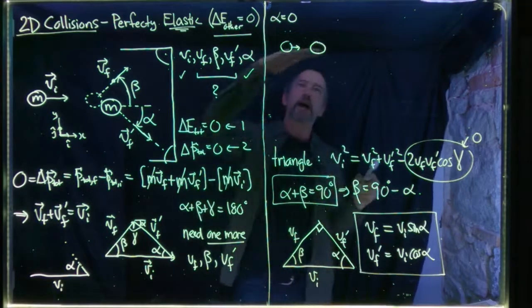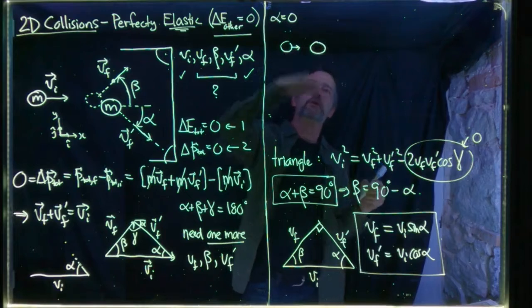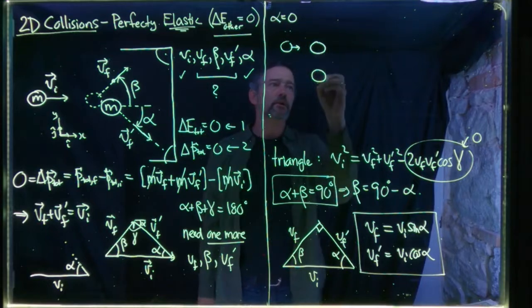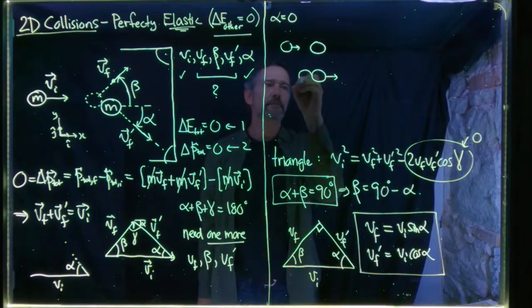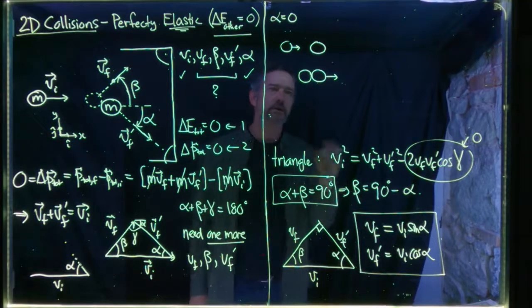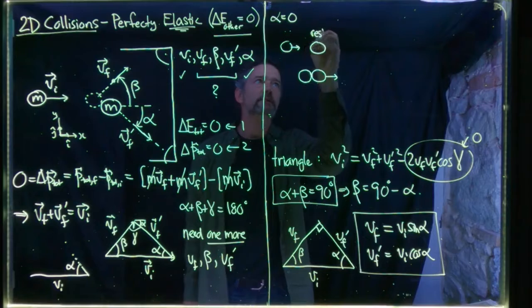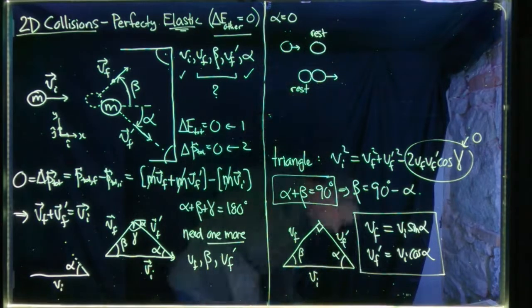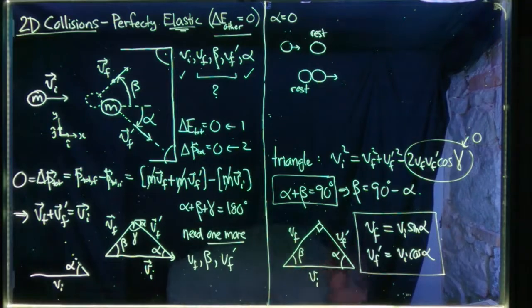And the angle at which the colored ball takes off is supposed to be 0, it's supposed to take off in that direction. So the final situation is this colored ball takes off with some velocity to the right, and the cue ball is at rest. So this is rest, and this is rest. So let's just see whether that's what we get.